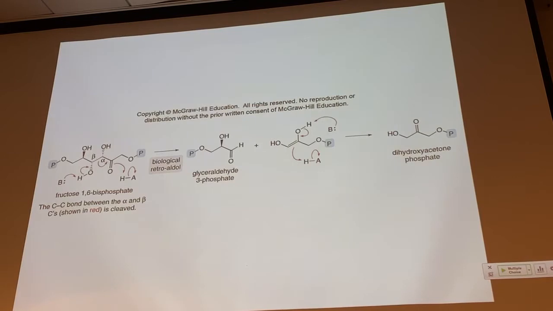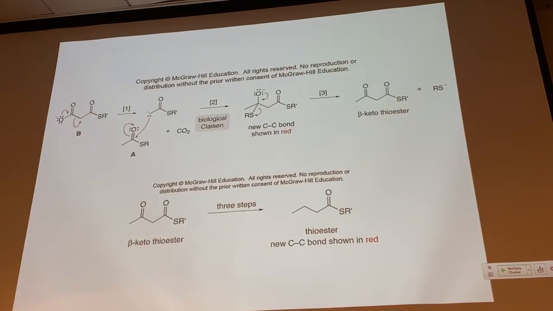All right, then we'll also look at a biological Claisen reaction. Claisen reactions are used in nature to form 6-membered rings, or not 6-membered rings, that would be an intramolecular Claisen, to form carbon-carbon bonds, is what I meant to say. And this actually shows you an interesting way of making an enolate, the way that enolates are made in nature.